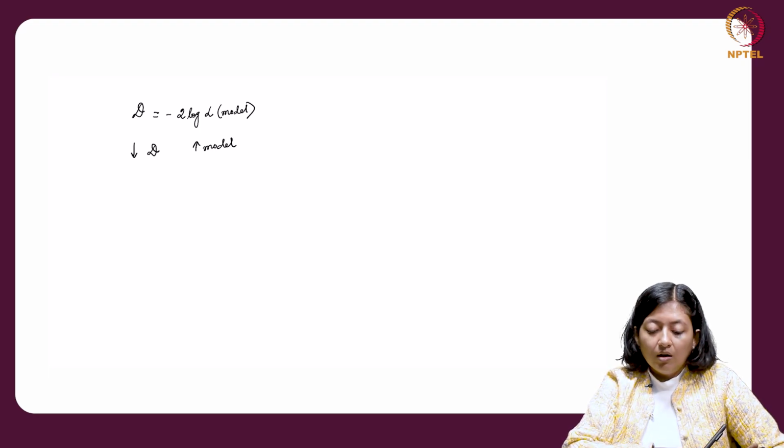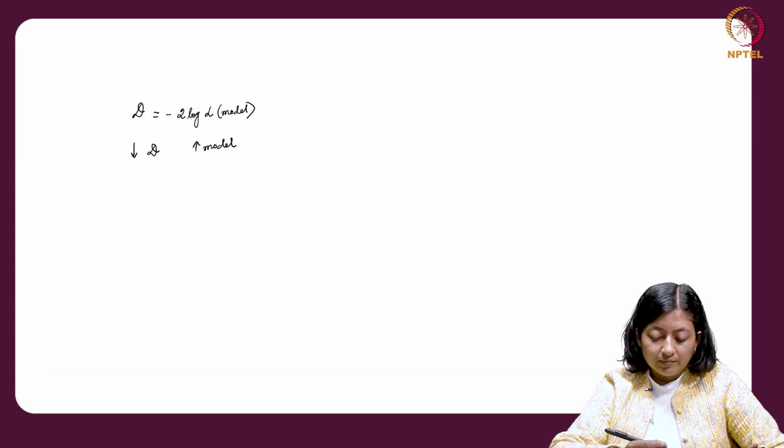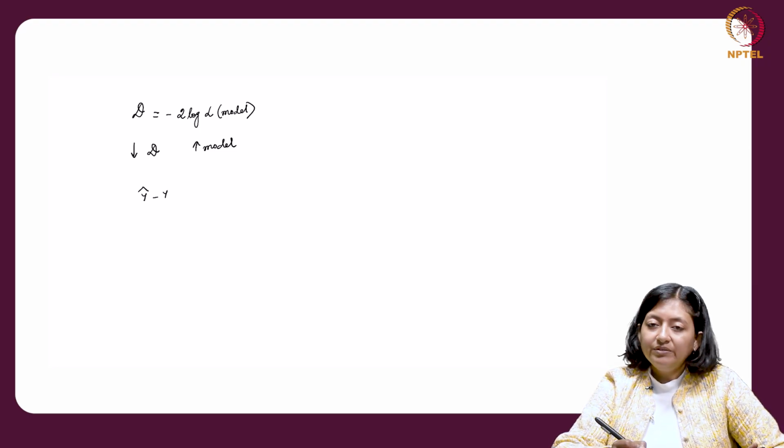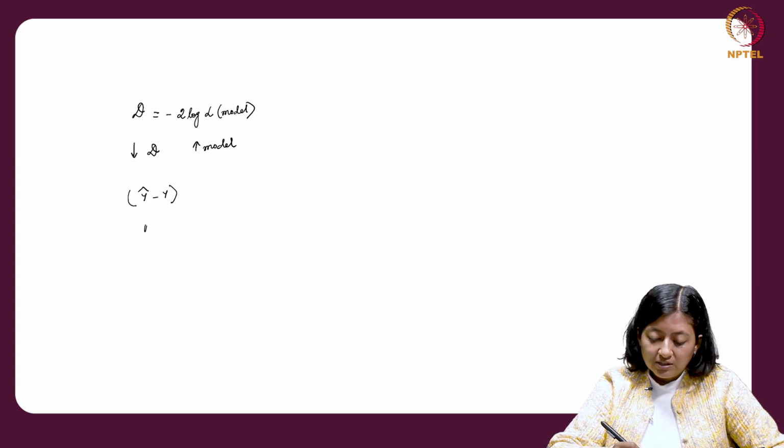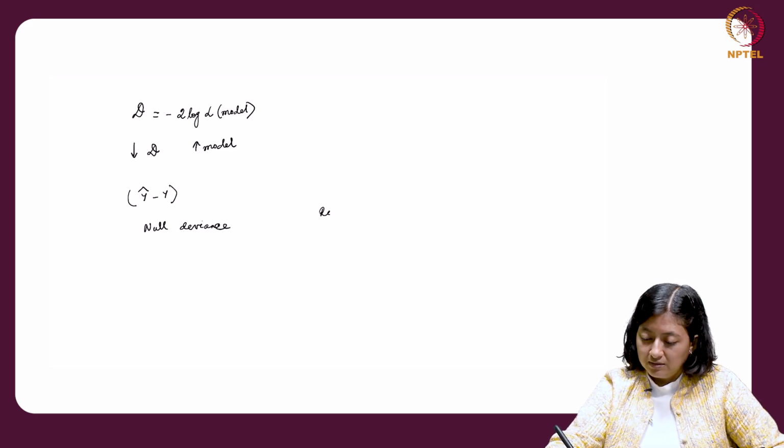Now, we cannot calculate R square over here because we are not calculating the difference between the fitted and the observed values. We evaluate a model based on the deviance, and hence there are two deviances that are given in the output: null deviance and residual deviance.